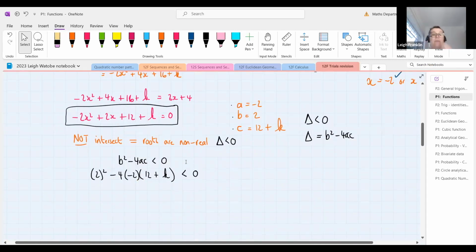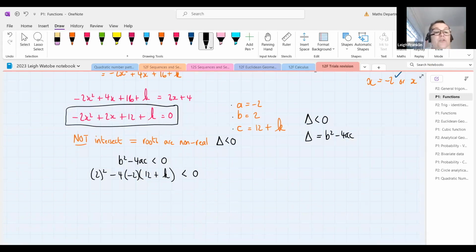So now it's a case of solving it. The easiest thing for you to do here is this. So 2 squared is 4. Then say -4 times -2 is +8 and leave that on the outside. So we've multiplied these two numbers together. And now let's distribute into the brackets.